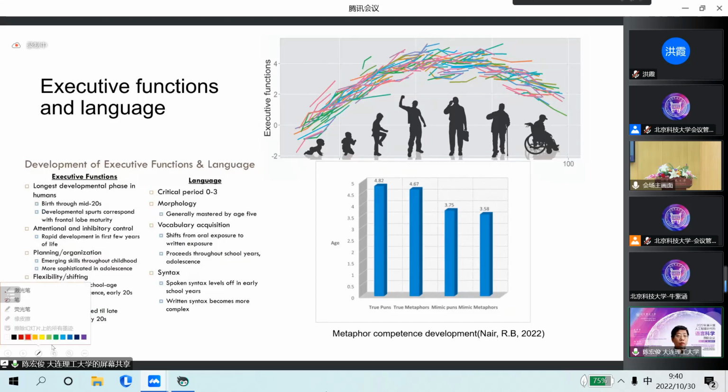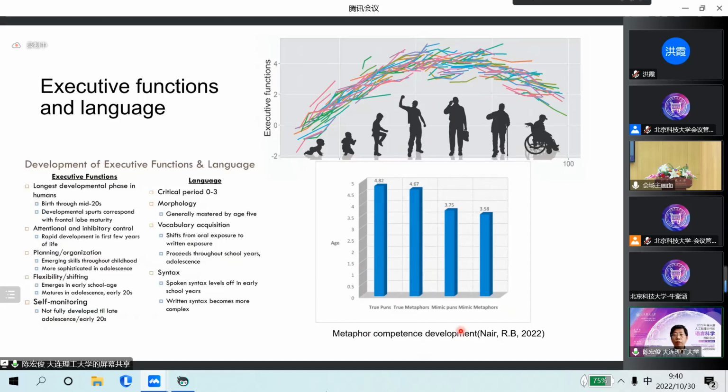As you grow up, the executive functions become stronger and stronger, and language, of course, develops at the same time. This figure shows the development of metaphor competence.